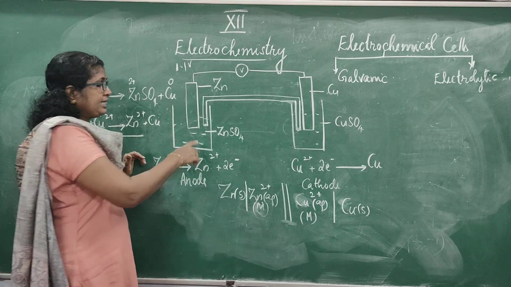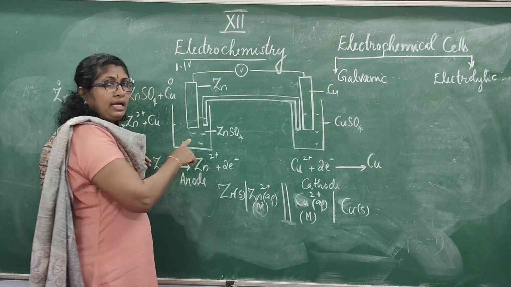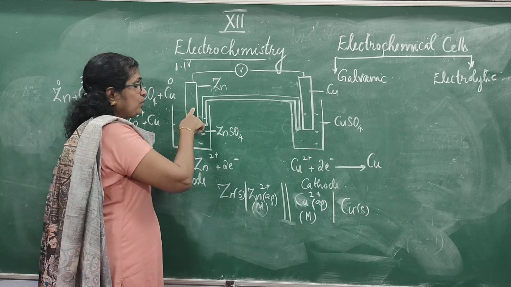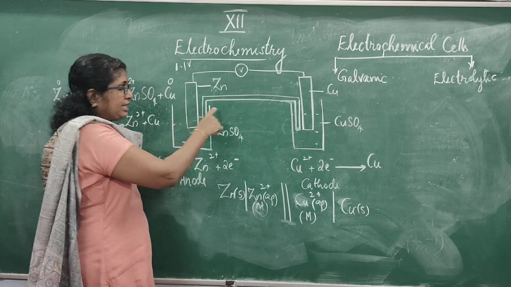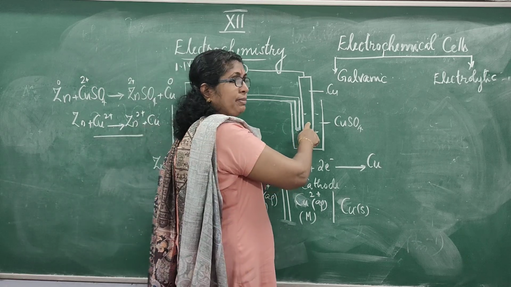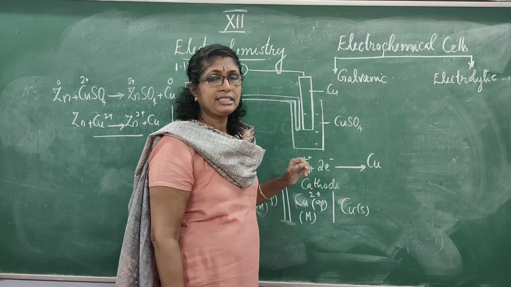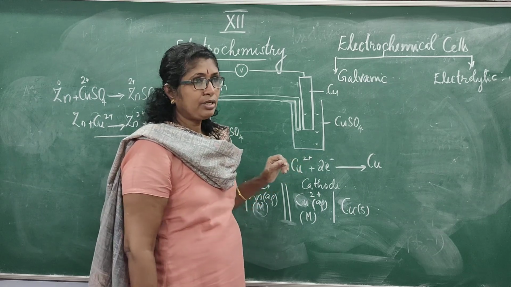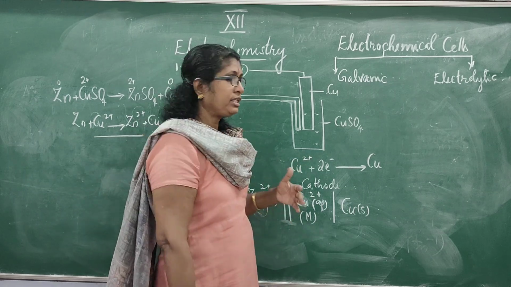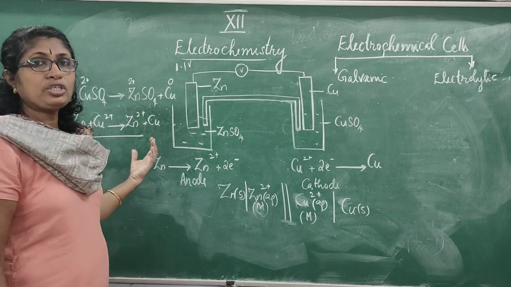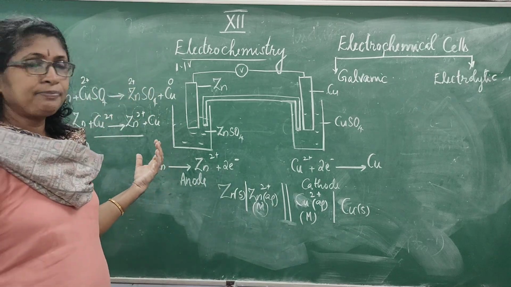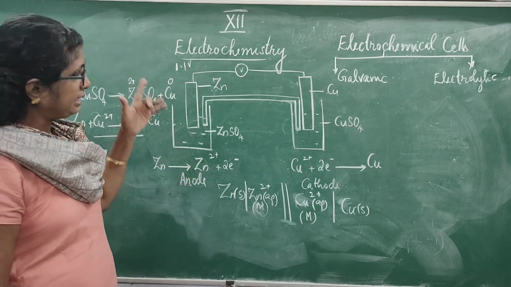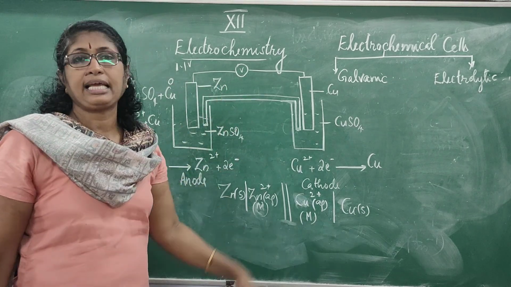That is, at the zinc electrode, zinc ions from the solution will accept 2 electrons and go to zinc and deposit there, and here copper from the electrode will go into solution as copper ions. The opposite change will take place. Understood? That is a non-spontaneous change, whereas the original is a spontaneous change. So this is the basic of electrochemical cells. That is one type of electrochemical cell, the galvanic cell.